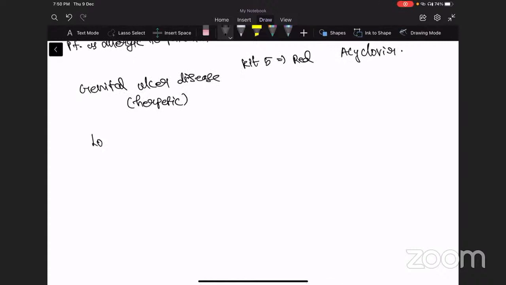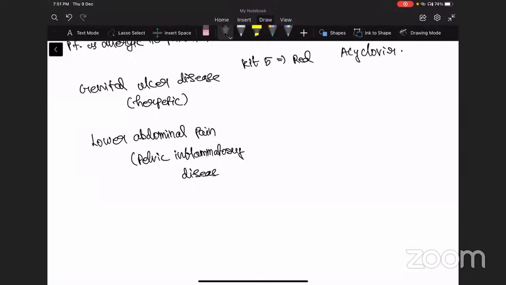And if there is complaint of lower abdominal pain, preferably a female, think about pelvic inflammatory disease. And what is the color of the kit? Kit 6. Pelvic inflammatory disease.